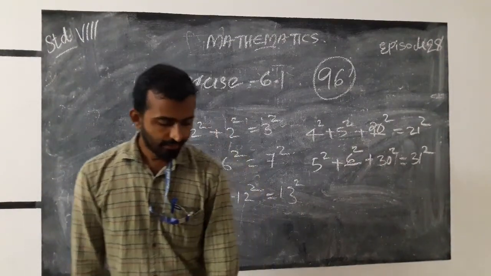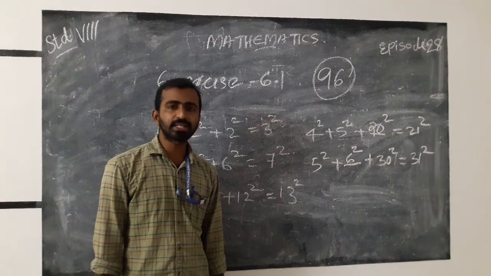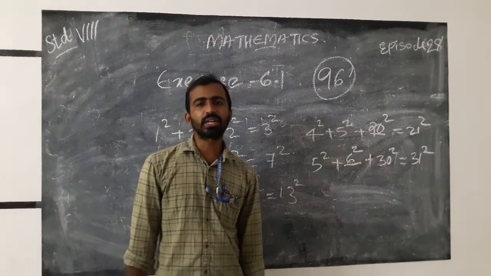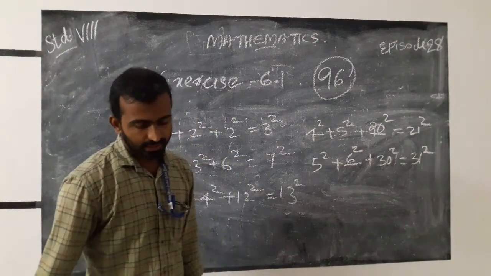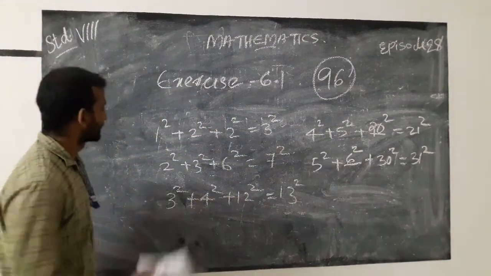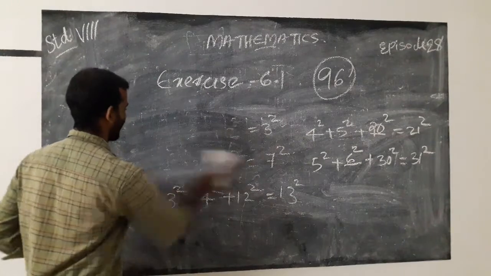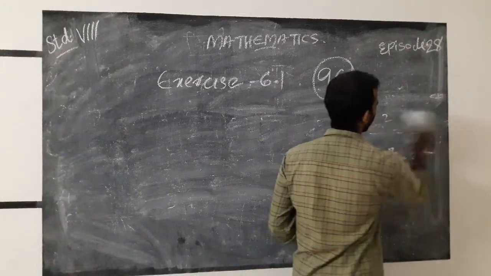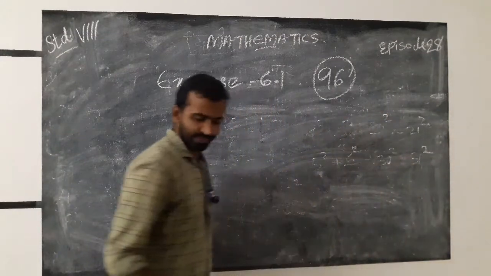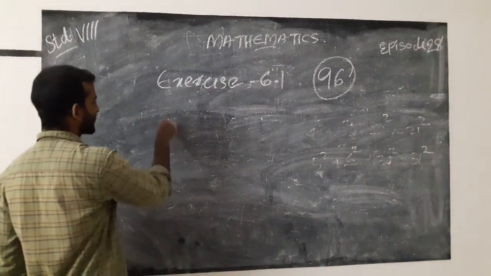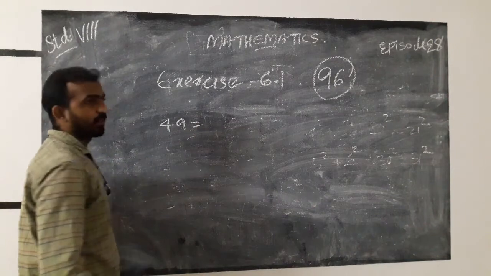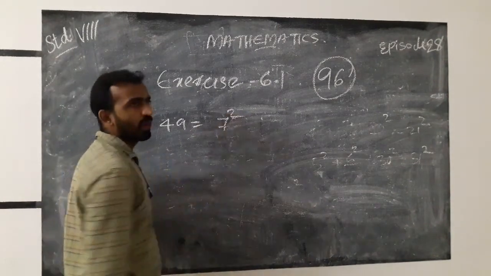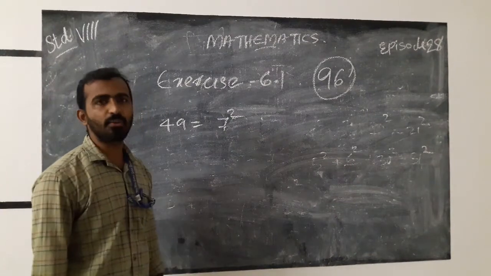That is, 49 means 7 square. That is, we want to express 49 as a sum of 7 odd numbers. 49 means 7 square, that is we can write it as what?